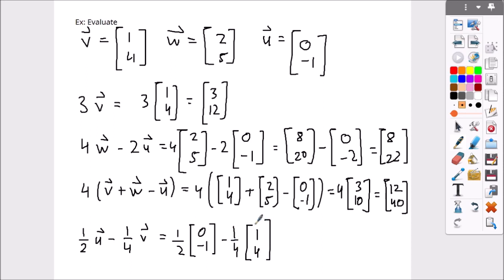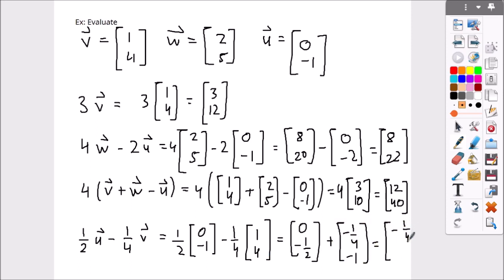It's 1 fourth times 1 and 1 fourth times 4. What is this? This is equal to 0 and negative 1 half. And then minus 1 fourth. I'm going to do it the other way. I'm not going to multiply just 1 fourth to 1 and 4, but I'm going to multiply the entire scalar of negative 1 fourth. So then I'll end up getting plus negative 1 fourth and negative 1, which will give me minus 1 fourth, minus 3 halves.